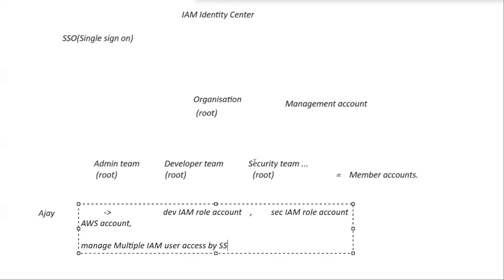IAM Identity Center will manage multiple IAM user access by using the single sign-on option. How many times is he signing in? By using his AWS account, he signs in only once. After signing in once, he can access the development team services and the security team services. Why can he access them? Because he attached the IAM roles in IAM Identity Center to Ajay's AWS account.